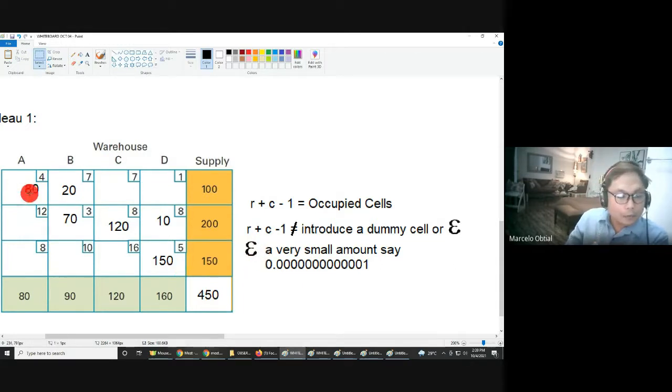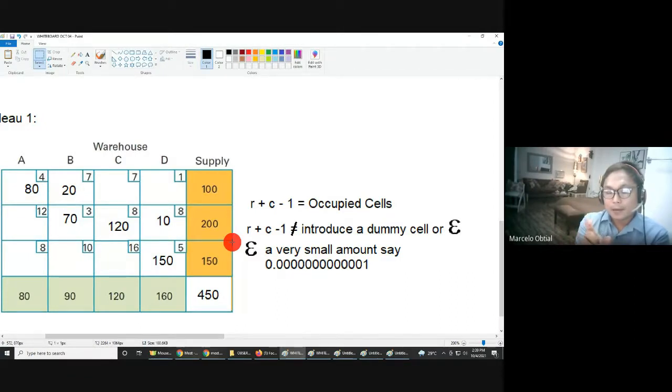Example, total natin row, total natin by column, the same, no? What I mean, same dito sa total or balance siya, in terms of total. But kinulang siya ng R plus C minus 1. Ibig sabihin yan, pag kulang yan, hindi tayo makagawa lahat ng closed path sa empty cell. That's a problem.